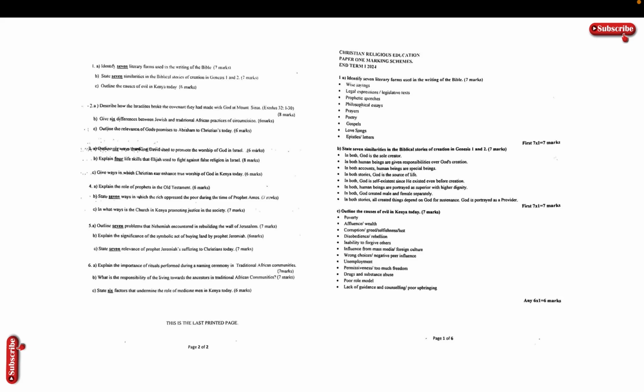And Moses turned and went down from the mountain with the two tables of the testimony in his hands, tables that were written on both sides, on the one side and on the other were they written. And the tables were the work of God, and the writing was the writing of God, graven upon the tables.